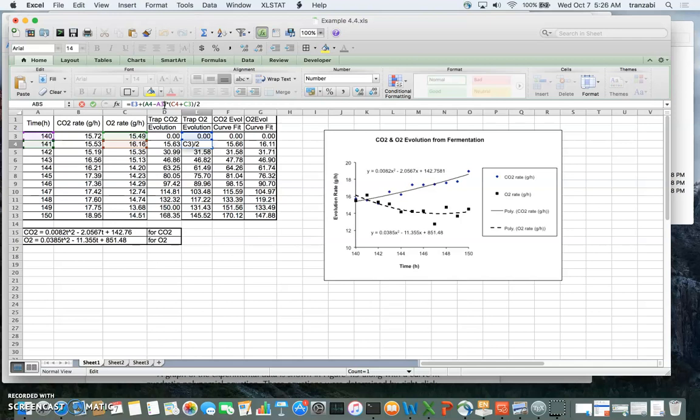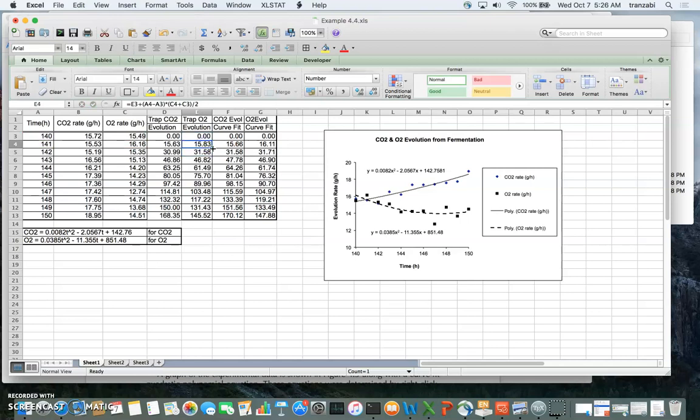Then the integral of the O2 rate will be the sum of the bases here, which means C4 plus C3 divided by 2, and then times the height, which is the difference between these two. Because I didn't freeze the difference between the time values, I couldn't drag it to the right. But if you write it in a way that you freeze the letter index, then you can also drag it to the right. Anyways, so I write it again.